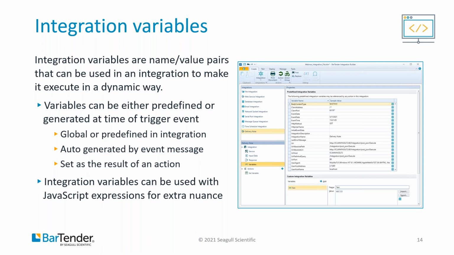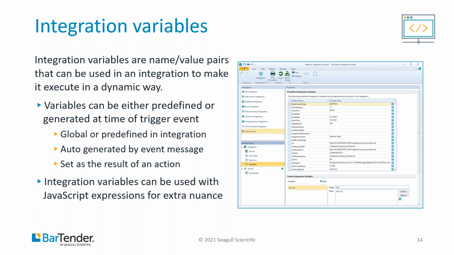So rather than the integration behaving in a very static, it-is-what-it-is sort of way, you want, at time of the event, to dynamically change what it's doing according to values that you set, and values that you set for these variables, for example.